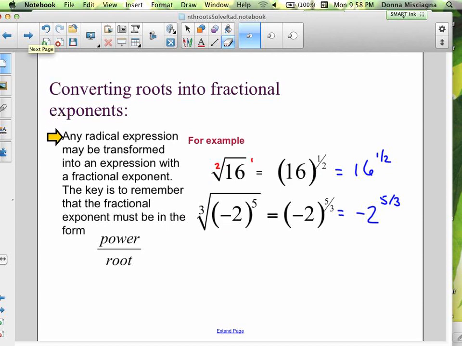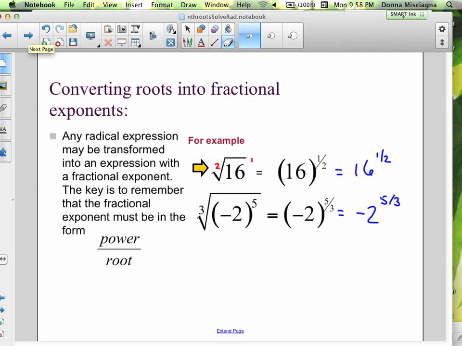Any radical expression may be transformed into an expression with a fractional exponent. The key is to remember that the fractional exponent must be in the form power over root. So if there's an exponent on the radicand, the exponent on the base, that's going to be the power that goes in the numerator, and then the index to the radical goes in the denominator. So here we have the square root of 16.